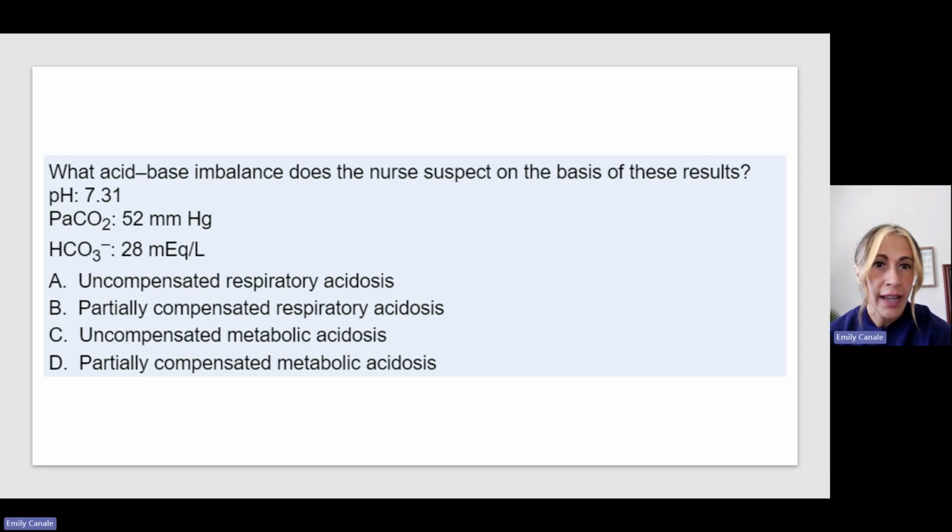Then I would be looking at the CO2, which is 52. That's high. My HCO3 is 28, which is also high. So are all my values abnormal? Yes. So it is trying to compensate, right? So this would be partially compensated respiratory acidosis.